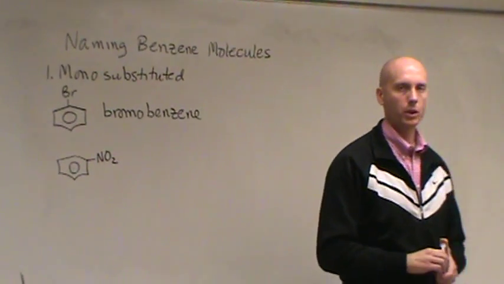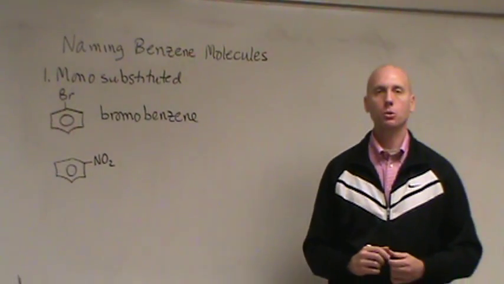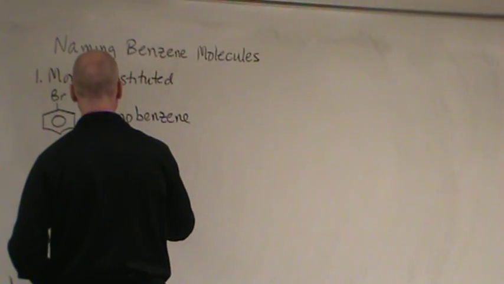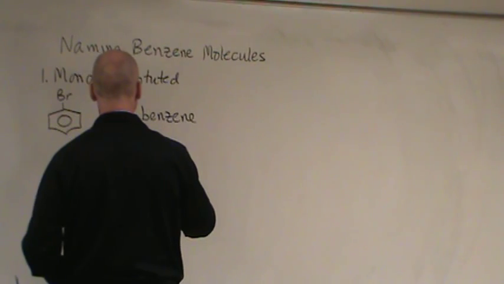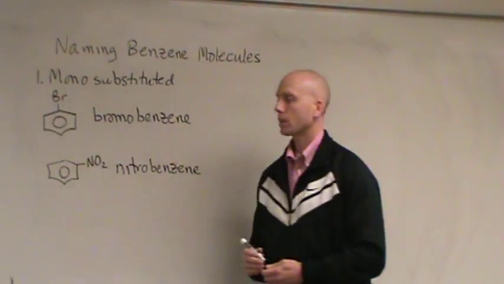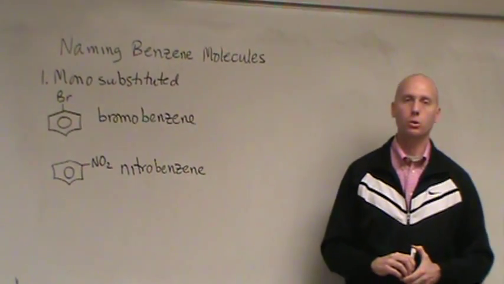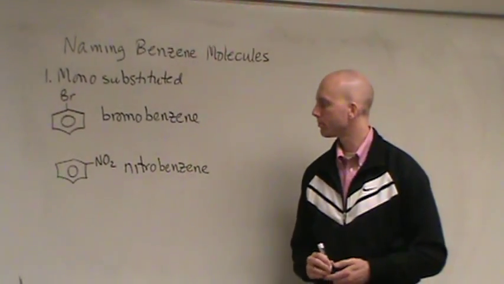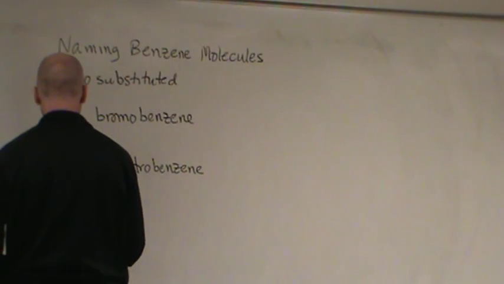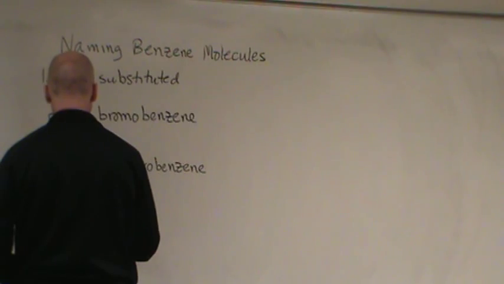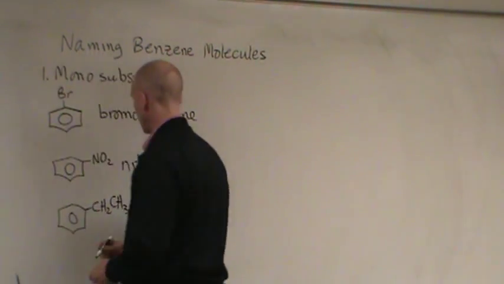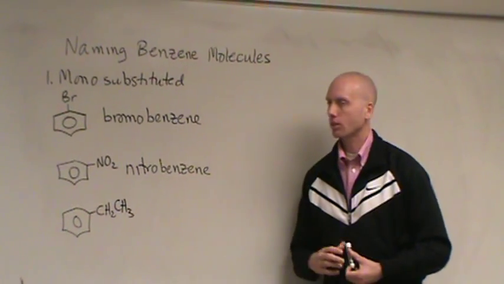Here's a very important group on benzene, NO2, that's called the nitro group. So that gives us nitrobenzene. And the list goes on.